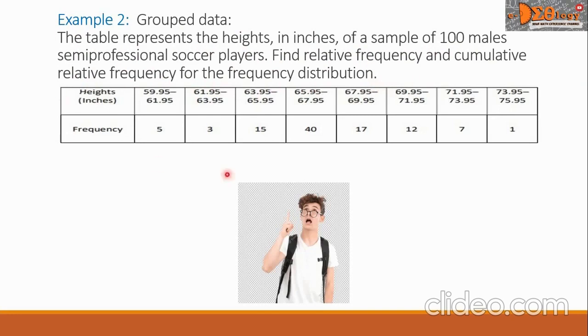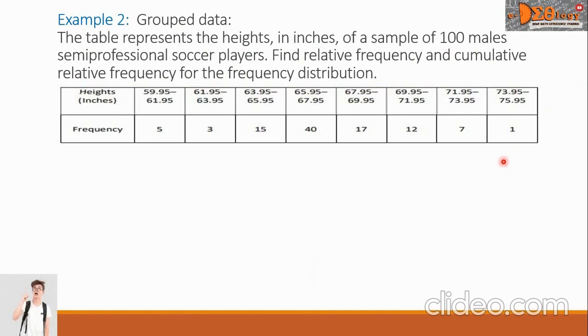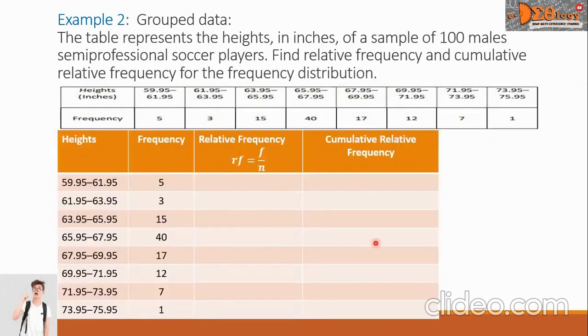This is now the given table. Now, let us write our step 1. For our table here, we are going to write 4 columns. In our first column, the heights are there, and we can see the classes. The frequency is here on the second column, and it is already given. So we don't need the tally column now.